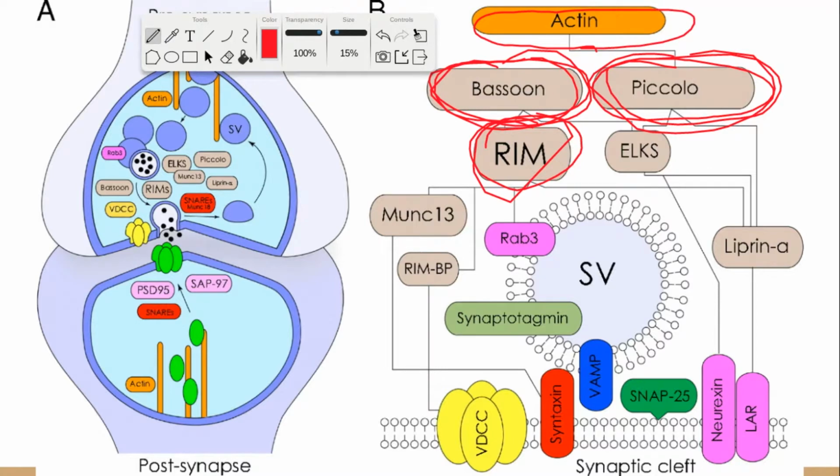So when you think of what the actin cytoskeleton is doing, it's linking to synaptic vesicles through bassoon and piccolo. And although these two proteins aren't required for vesicle release, as knockout studies have shown us, they do greatly increase the speed at which the vesicles can be reloaded and recycled. So this bassoon-piccolo complex is important for efficient synaptic vesicle recycling.